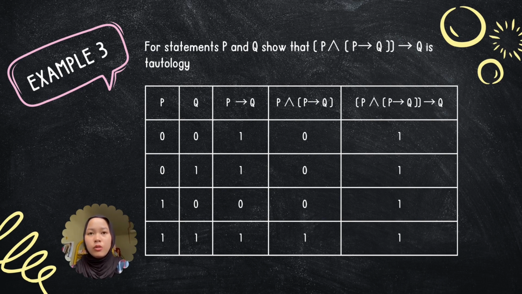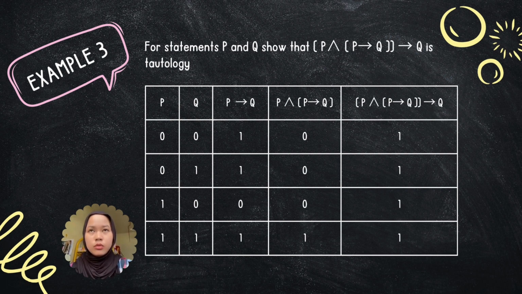For the third column, P implies Q is 1101. For the fourth column, P and (P implies Q) is 0001. For the fifth column, (P and (P implies Q)) implies Q equals 1111.